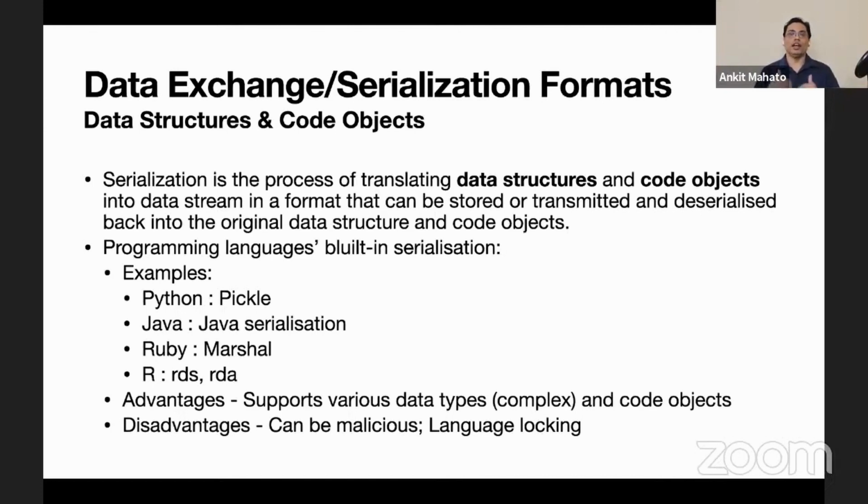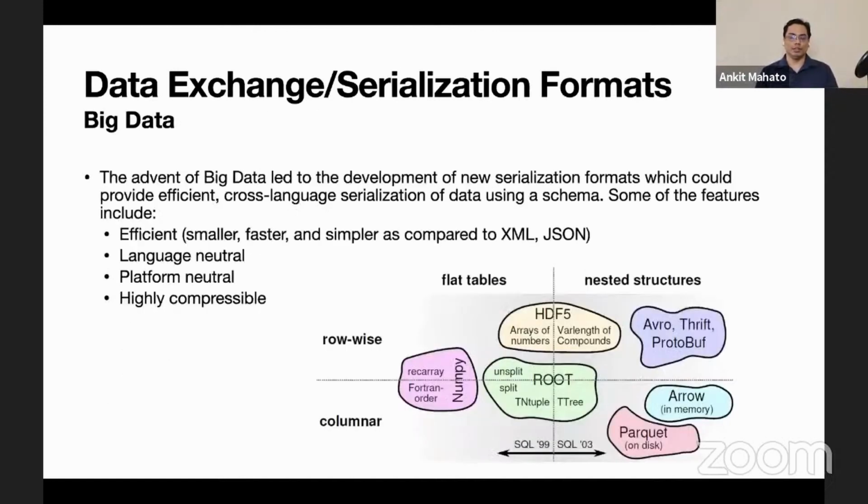And also there is language locking. You cannot create a pickle file and then read it using Java, or create an RDS file in R and then process it in Python. So the language for processing such serialized formats is fixed. That is one of the major disadvantages of these inbuilt serialization methods.